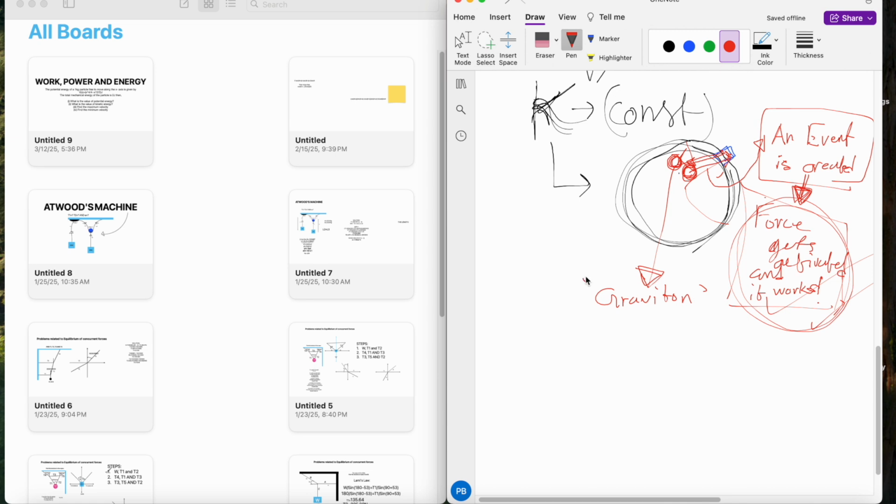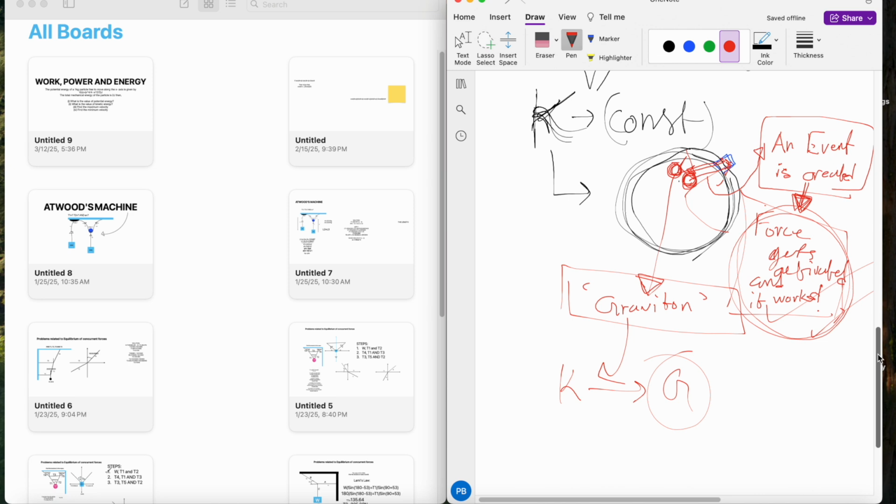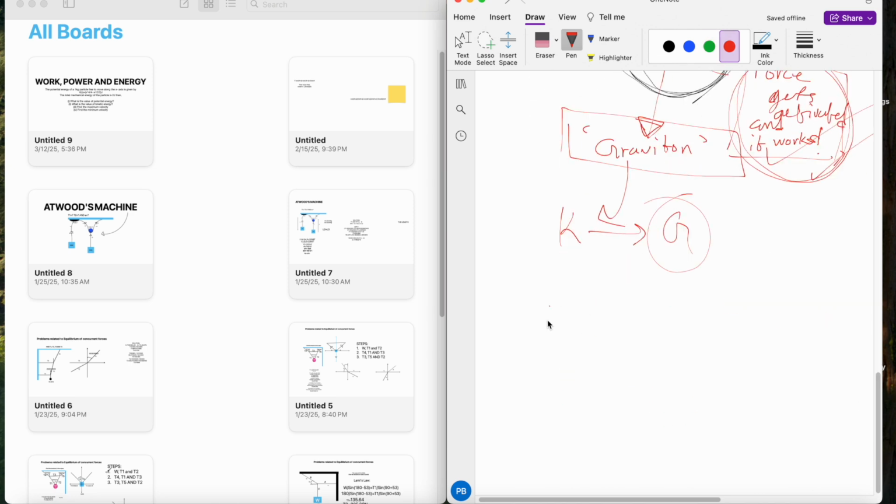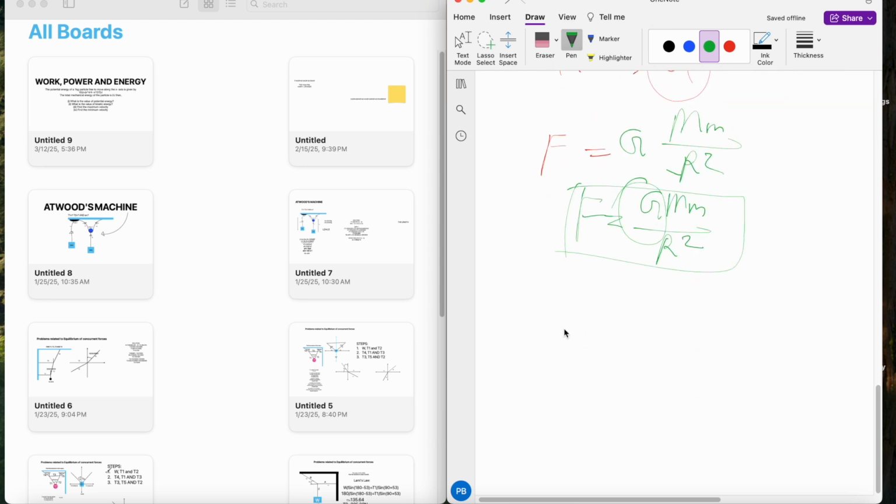Due to this element, due to the exchange of this element, the k turns into G, and hence we say that F equals G m1 m2 by r square. The significance: it has a significance. The G is not just like that.